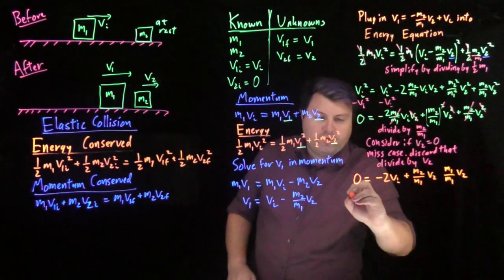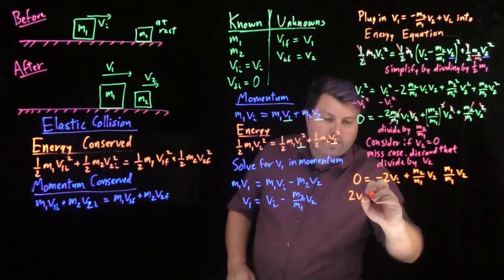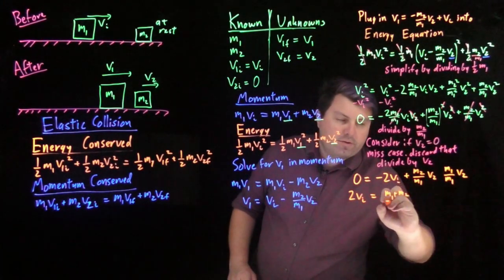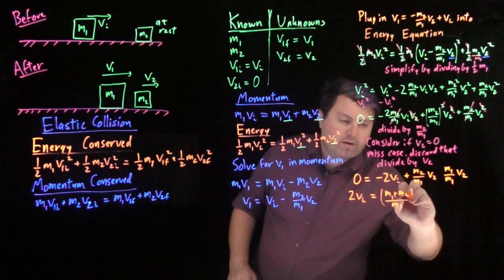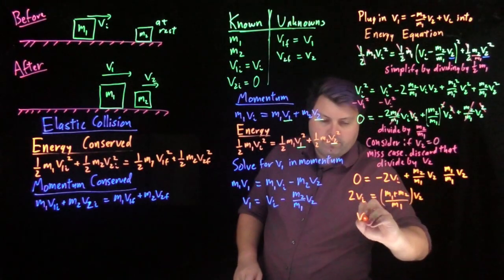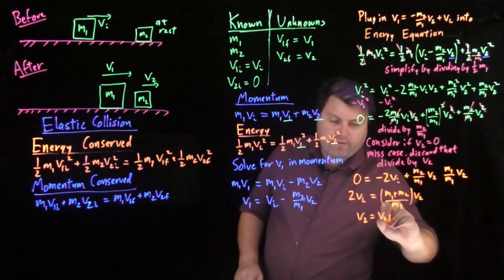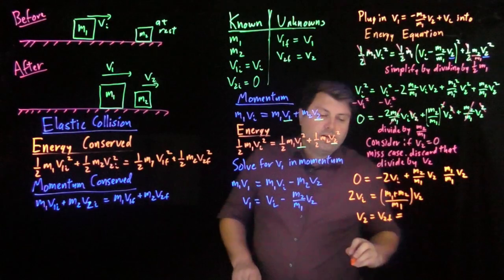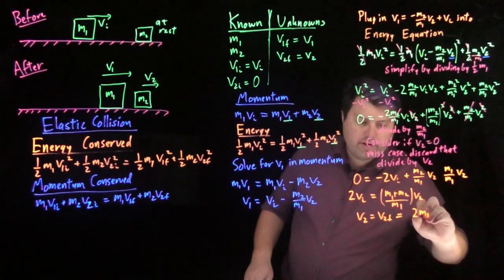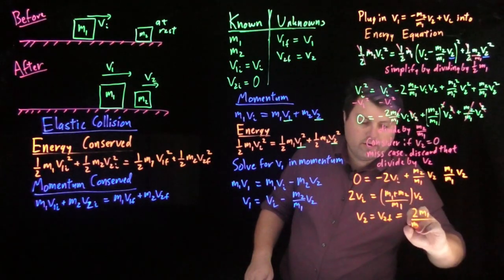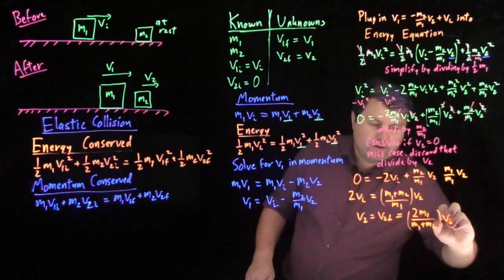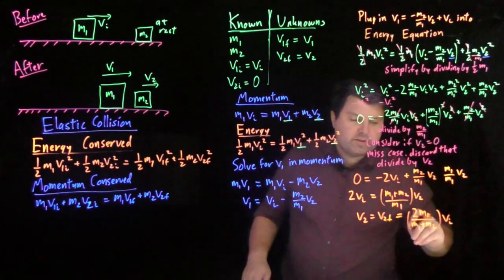So I can bring this 2 V1 to this side, and then I have M1 plus M2 over M1 times V2. So solving for V2, which is the final velocity of mass 2, I get 2 M1 over M1 plus M2 V1, or this is then V1I.